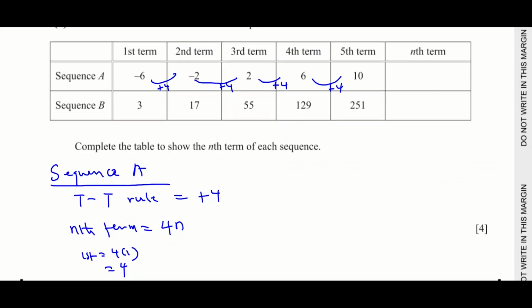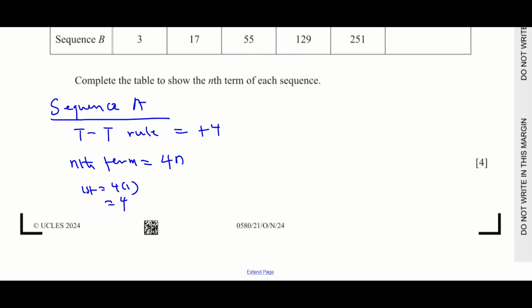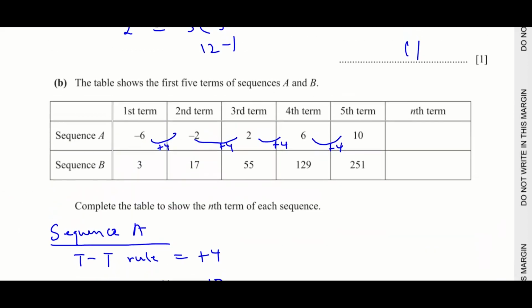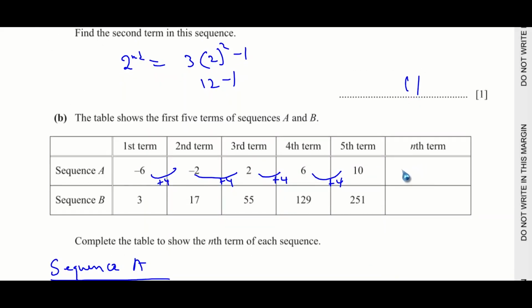We need to add negative 10. So if we say plus minus 10, then it will give us negative 6. So the nth term will be equals to 4n minus 10.